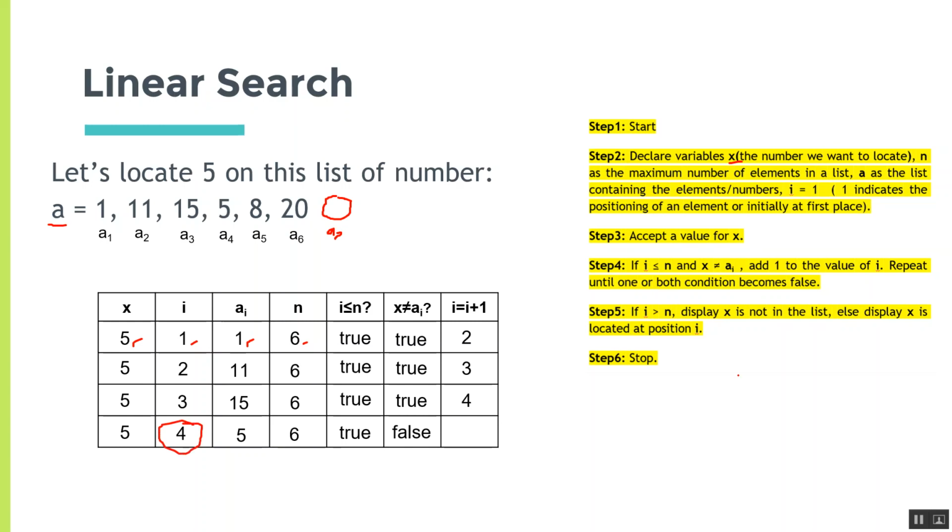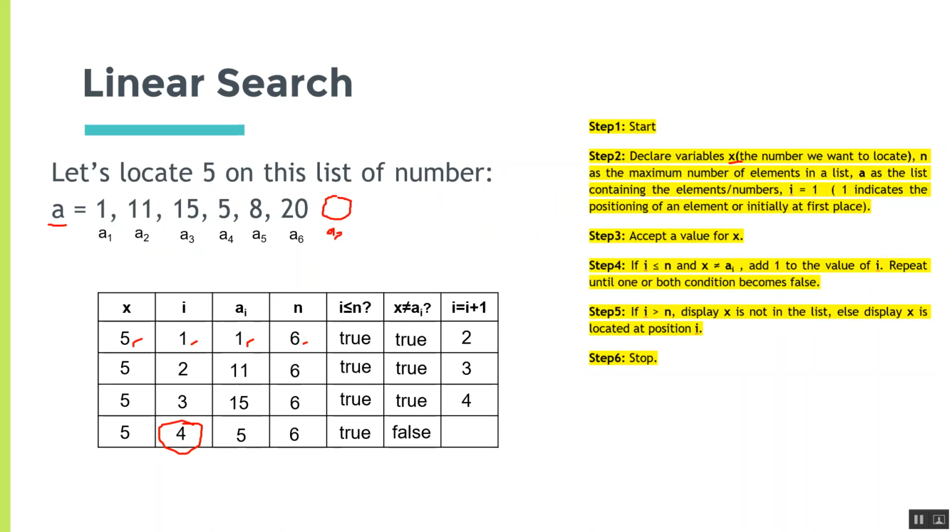So display x is located at position i, where i is 4 and x is 5. If we plug in those values, display 5 is located at position 4. After we output this in step 5, we go to step 6, which is stop. I hope that you understand this algorithm for linear search.